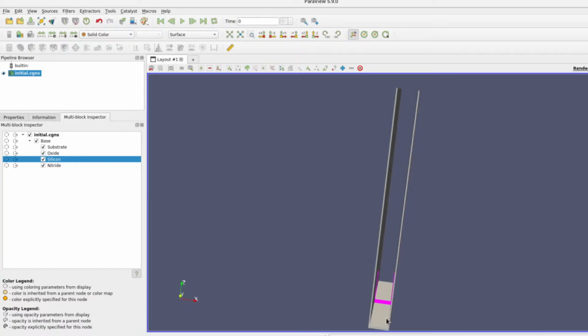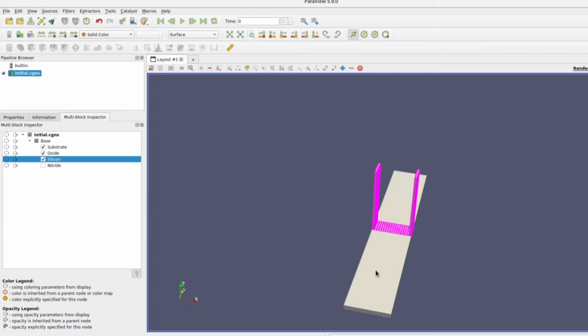So now we have this initial silicon area, and from this silicon area we will try to grow a silicon germanium region, although I will just use silicon for that.